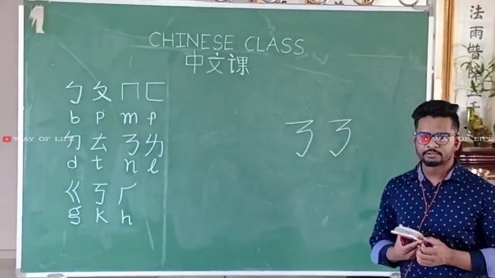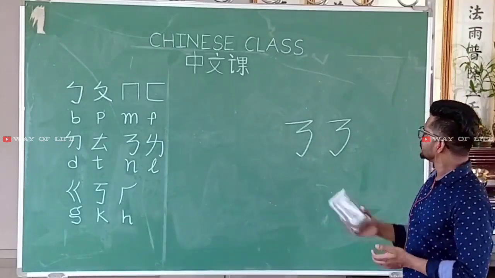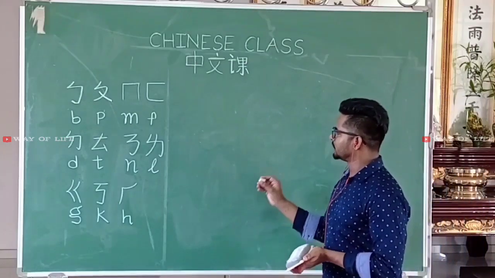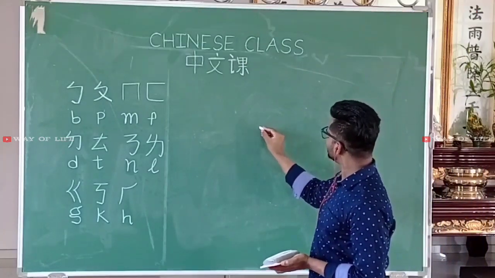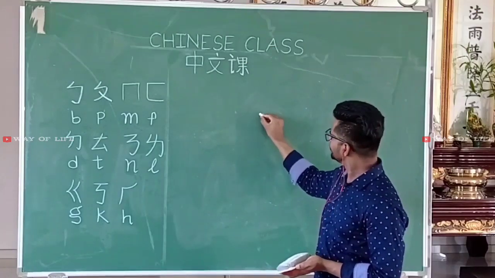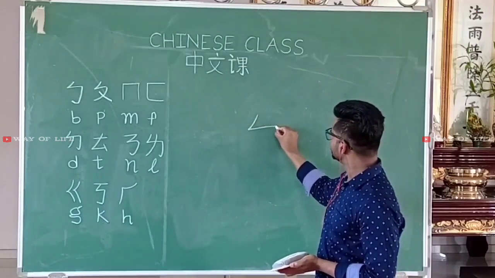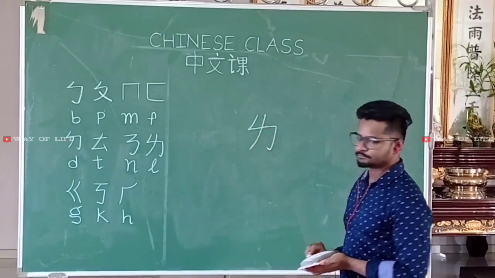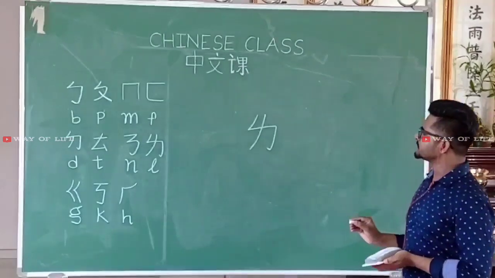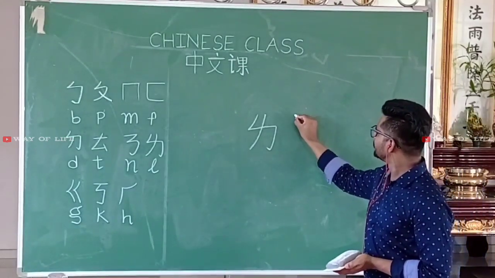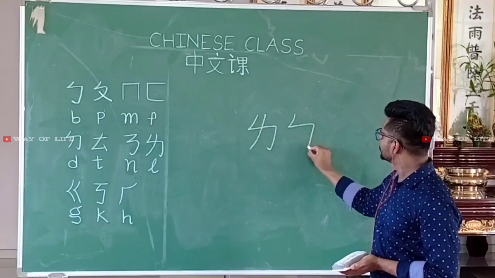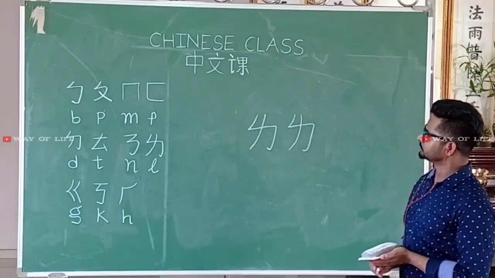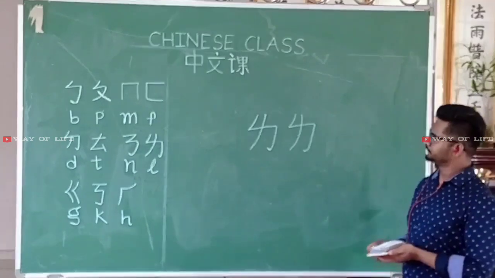But if you practice more and more at your home, you will get it. Alright guys, let's move to the 8th alphabet, which is L. How to write? 1, 2, 3 and 4. Okay. Let me write it again. 1, 2, 3, 4. This is L.